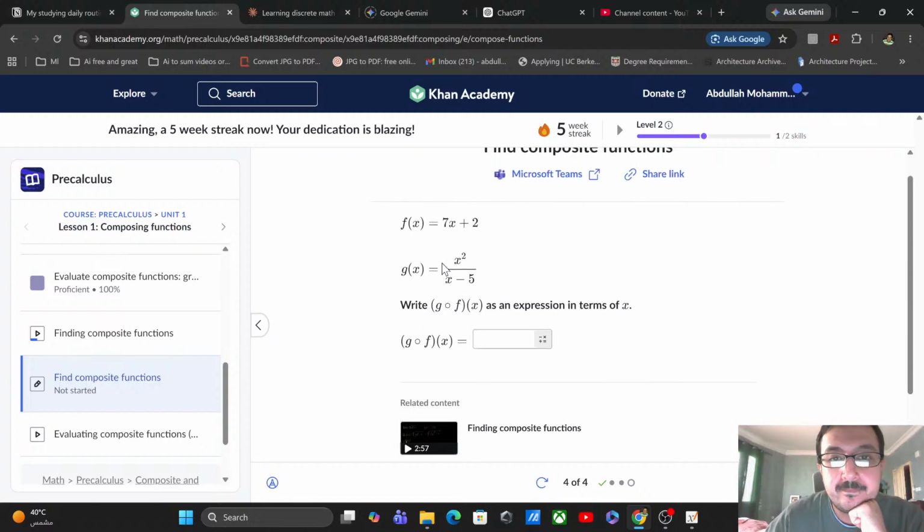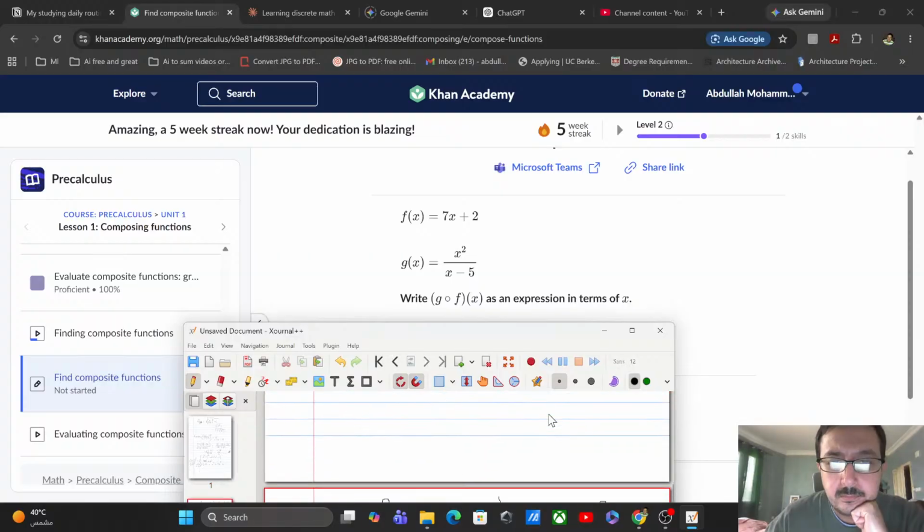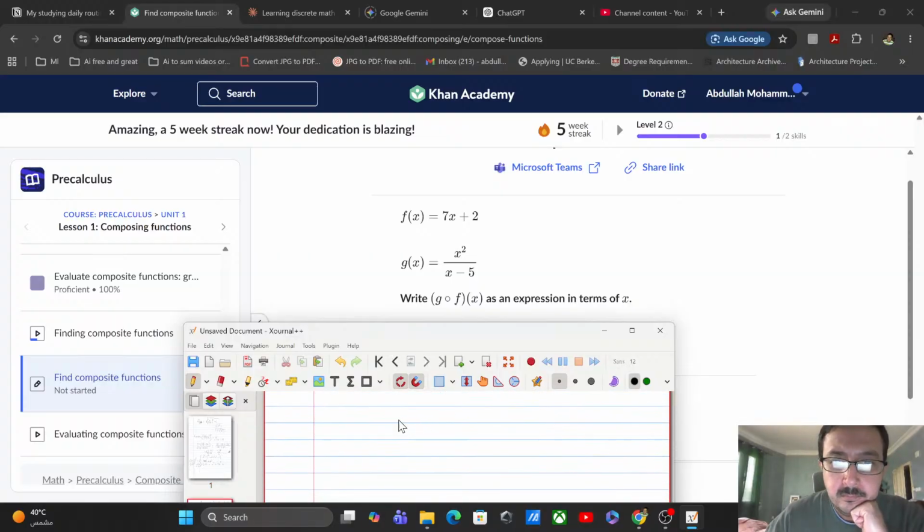Next question. Express g of f(x) as an expression in terms of x. I got 7x plus 2 to the power of 2, and I got 7 of x plus 2 minus 5.